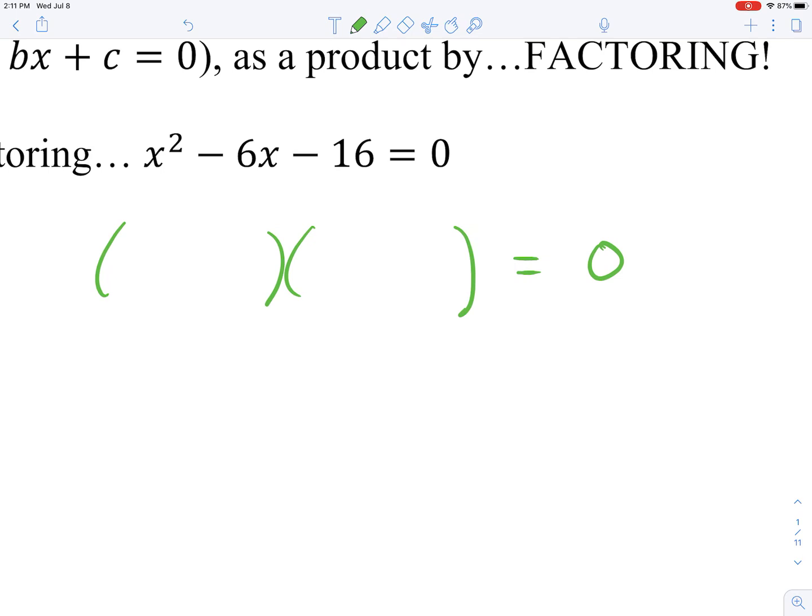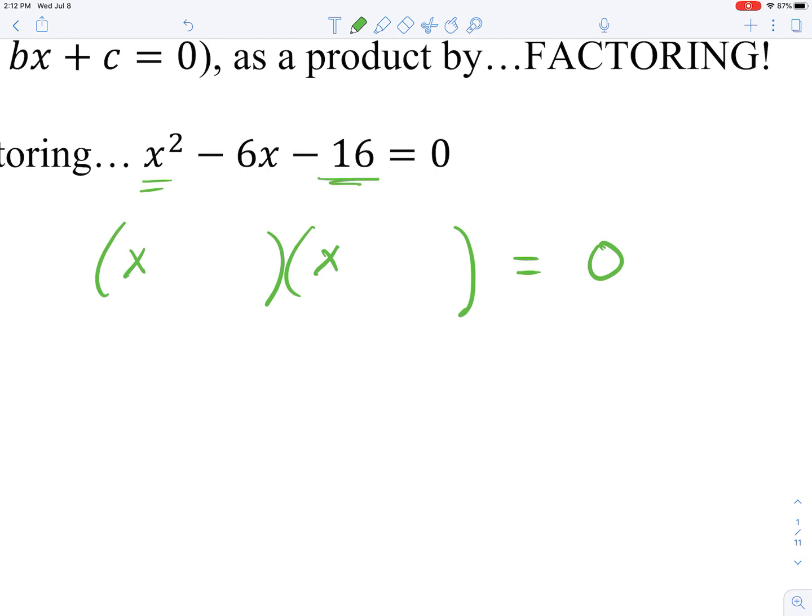Super important to make sure you get 0 on one side of the equation first, so that once you rewrite the other side of the equation as a product, you can apply the zero product property. For factoring, all of the different methods your teacher in Algebra 1, or pre-algebra, or wherever you learned factoring quadratics, might have given you some sort of strategy to factor, but really it's all guess and check.